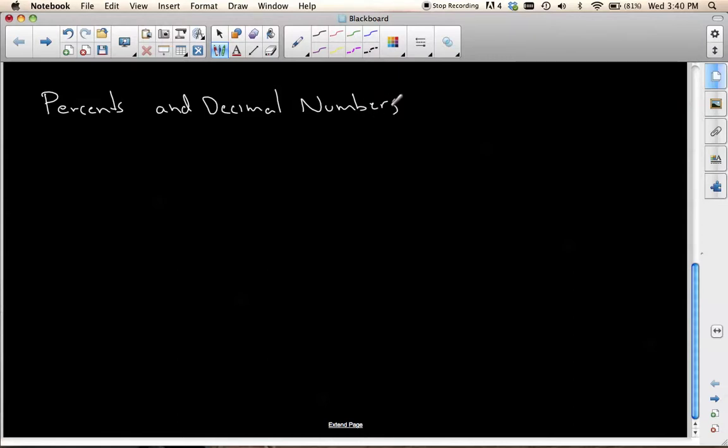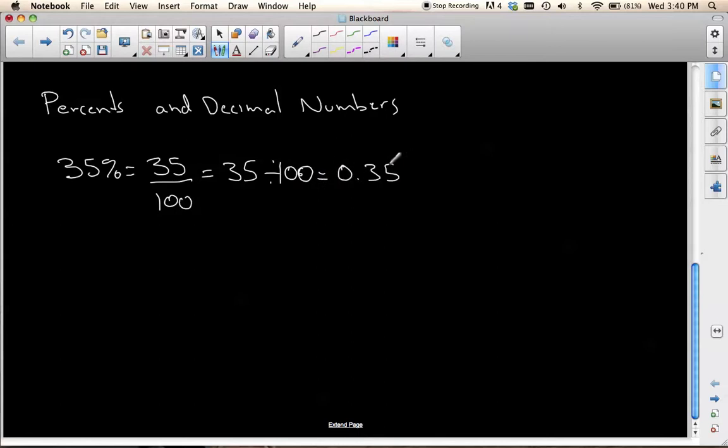So let's just say, for the sake of argument, we have 35%, and I want to convert that into a decimal number. Well, 35% is the same thing as 35 out of 100. And if I go 35 divided by 100, it'll give me 0.35. And I get my decimal number.